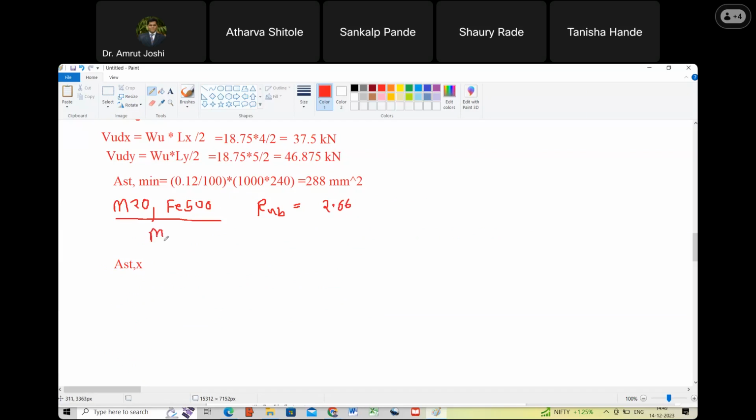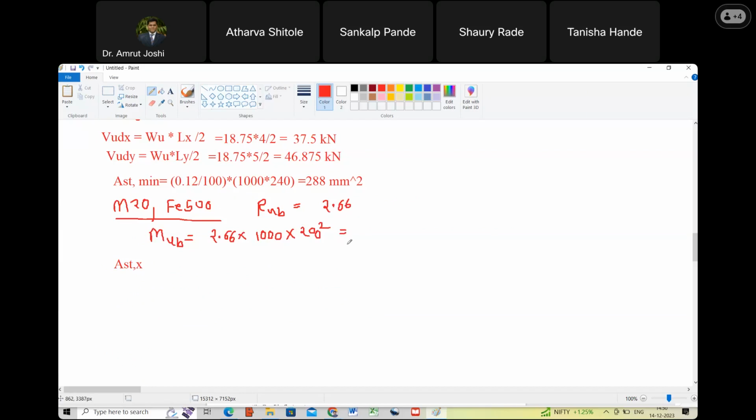So what is the moment of resistance of the balanced section? Mub is equal to 2.66 multiplied by b, that is 1000, into d square. How much is d? 200, effective depth, 200 square. Can you tell me how much is this value? 2.66 into 1000 into 200 square.